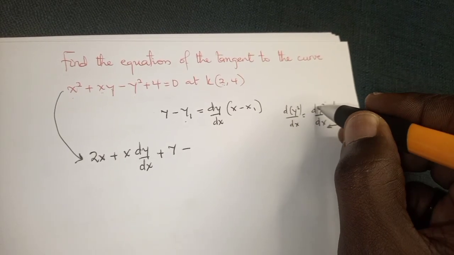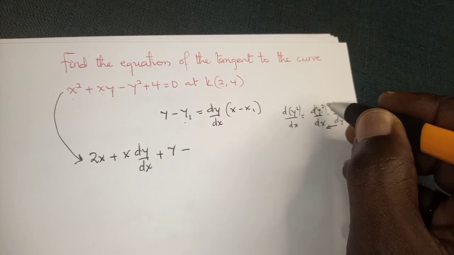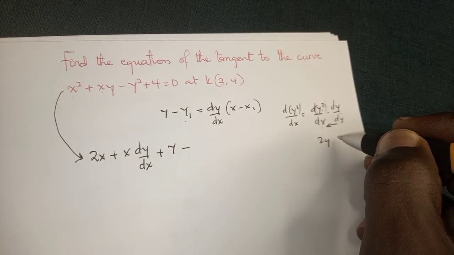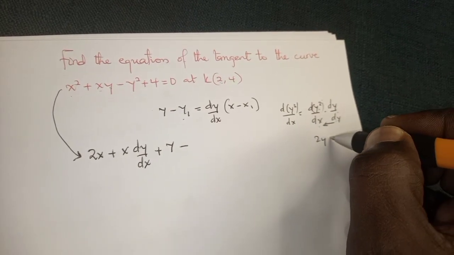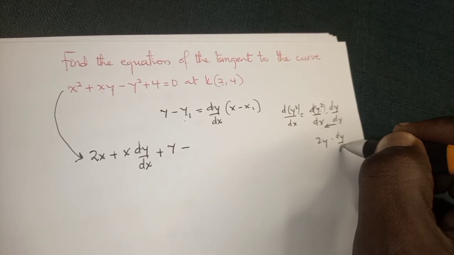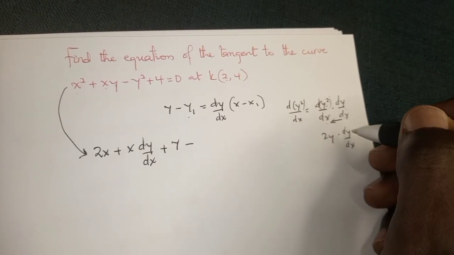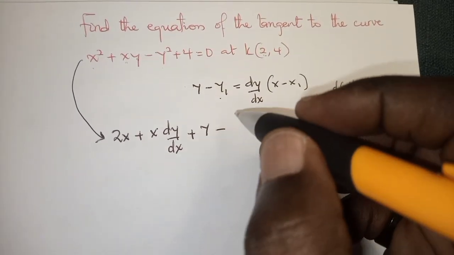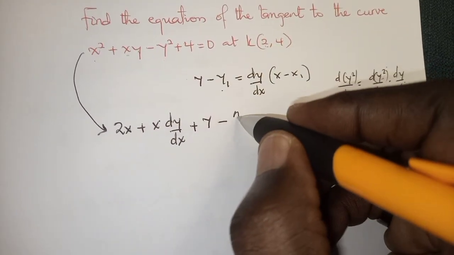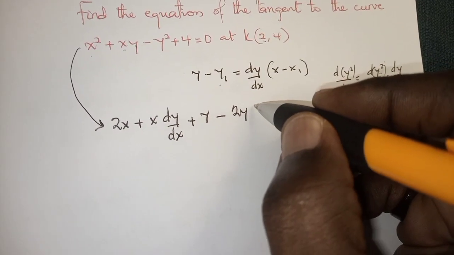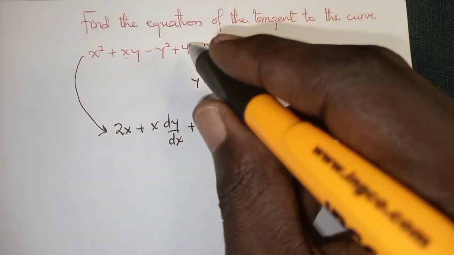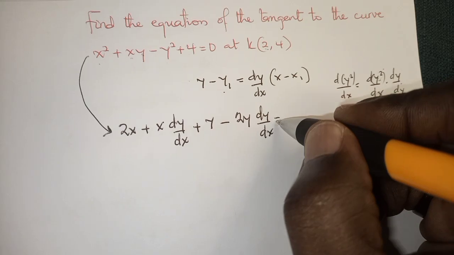We can differentiate this now in terms of y. So that will be 2y times dy on dx. Then differentiating the constant will be 0, so equals 0.